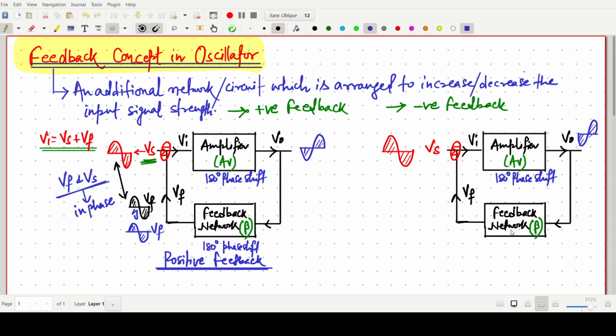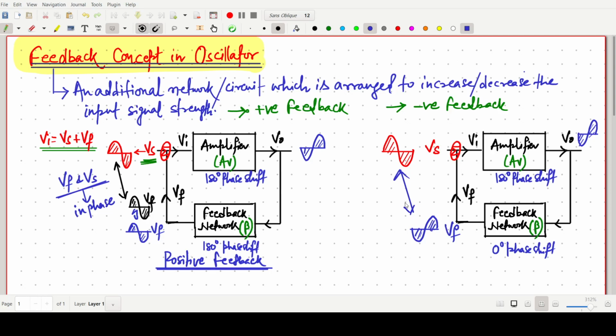Now this output voltage will be just the input for this feedback network, having a feedback network gain, say beta, and this one introduces a 0-degree phase shift. So the output of this feedback network is Vf. Because this one is a 0-degree phase shift, there is no phase change between V naught and Vf.